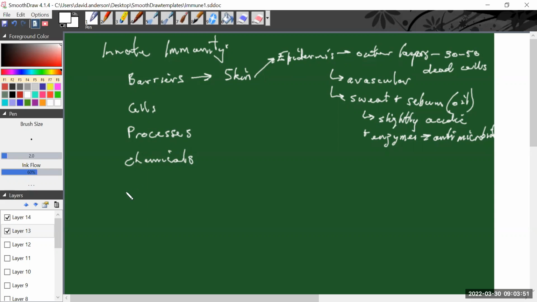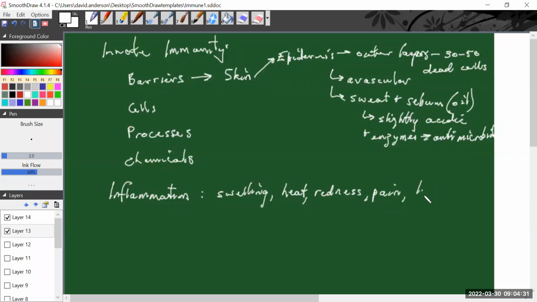So what's an example of a process? Well, the best example, the one we'll spend a couple of minutes talking about, is inflammation. So we know that generally inflammation is going to involve some swelling and some heat probably and things like that. So inflammation looks like this. It's got swelling, it's got heat, it's got redness, and it's got pain.